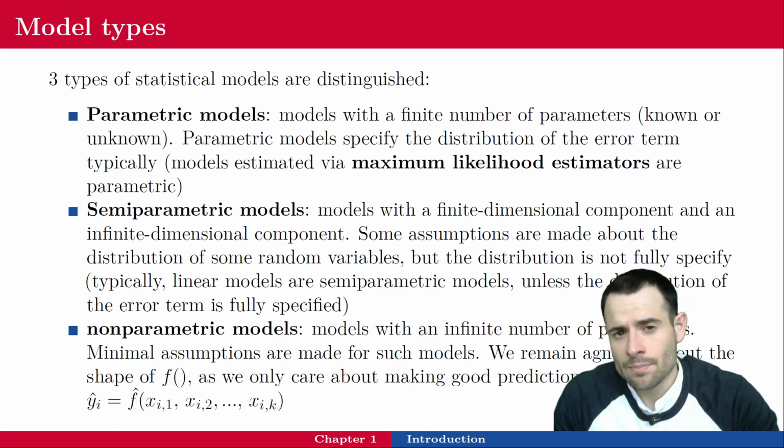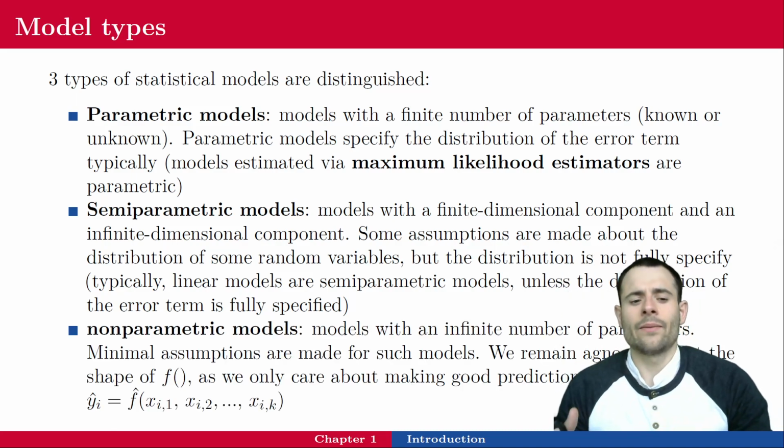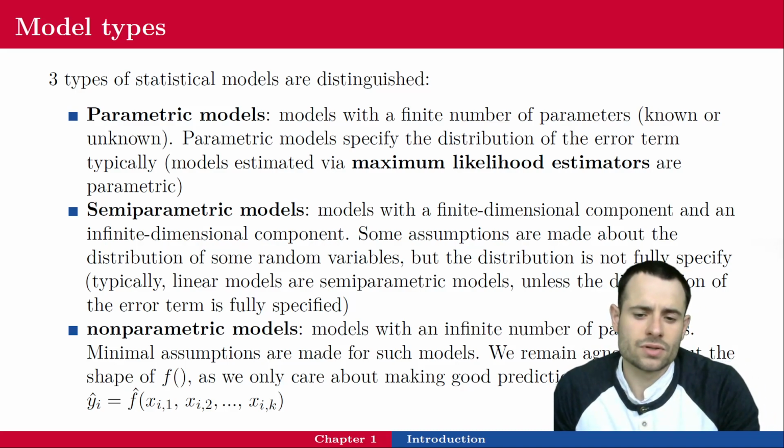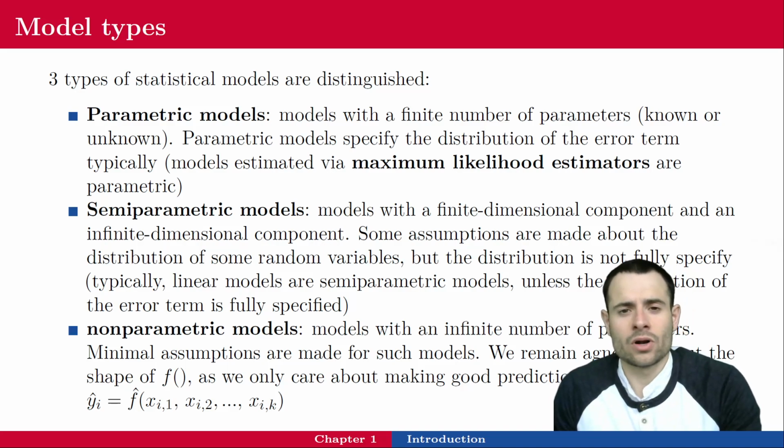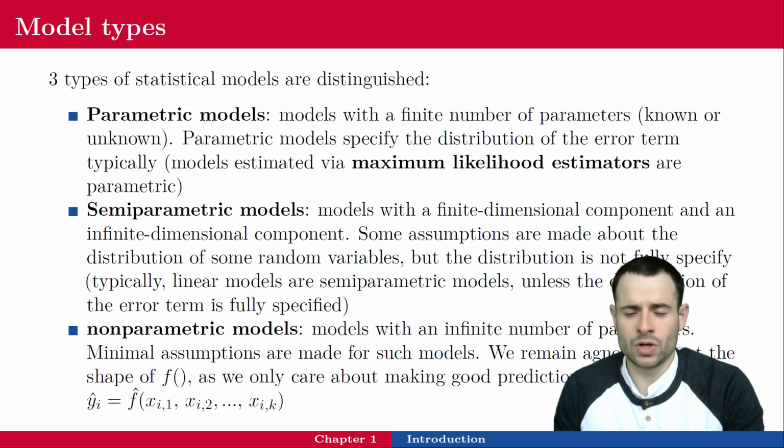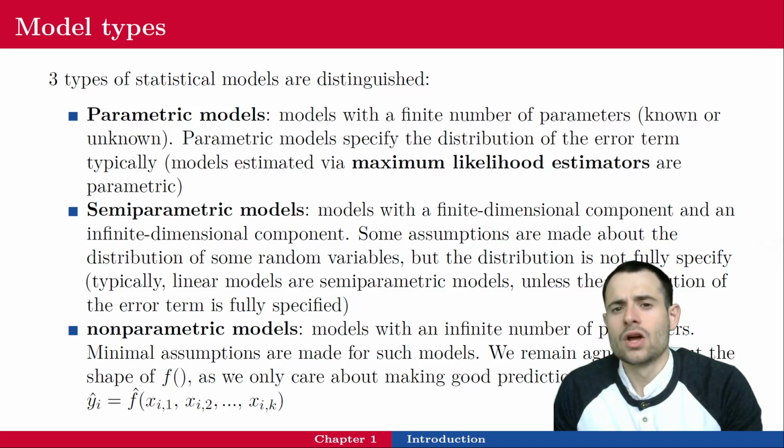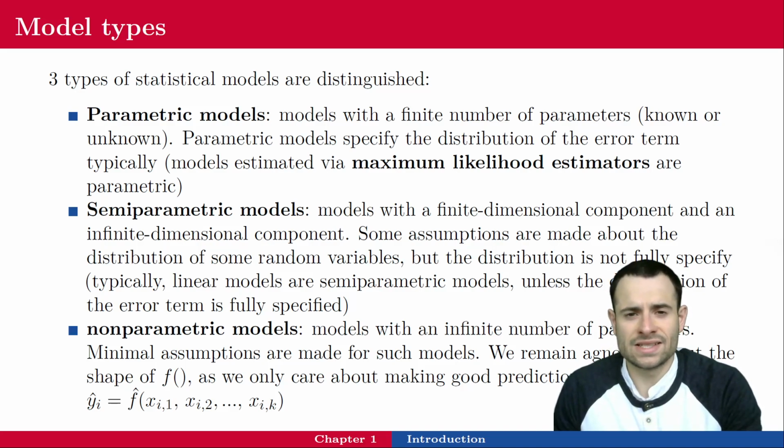Finally, if there are parametric and semi-parametric models, there must be non-parametric models. Those are models with an infinite number of parameters and a minimal amount of assumptions. For instance, a linear model cannot be non-parametric because we are assuming linearity. In general, non-parametric models are used to predict, not to estimate parameters.